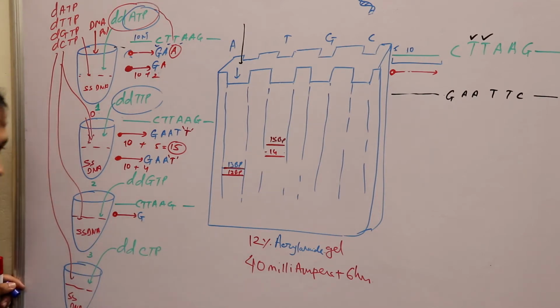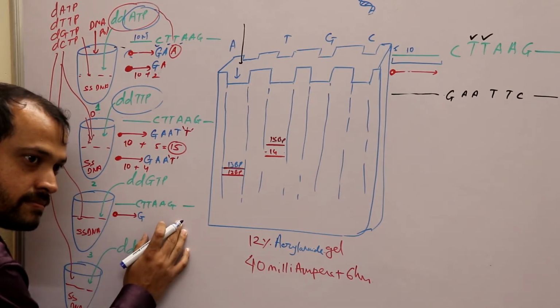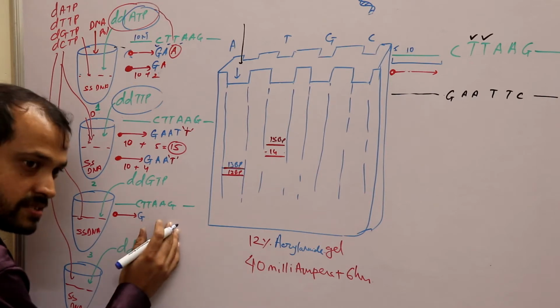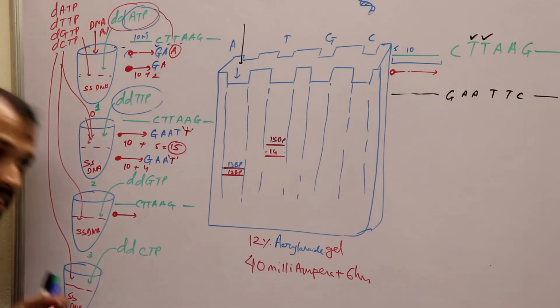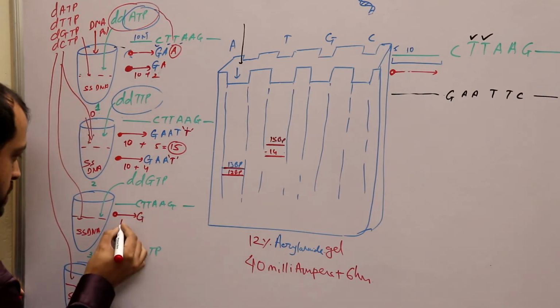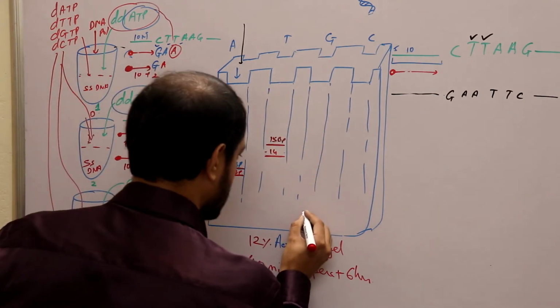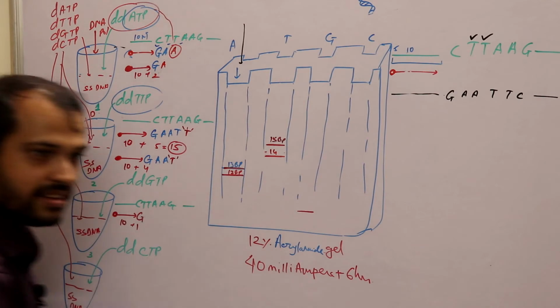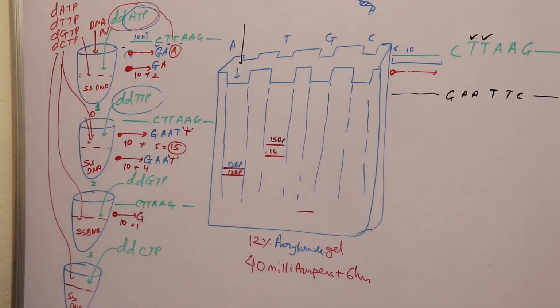Here it is G. Is there any option that G will be added in any other place? Maybe the first G will be ddGTP, right? That means 10 plus 1, 11. In the G portion you will understand it is like this, lowermost position.